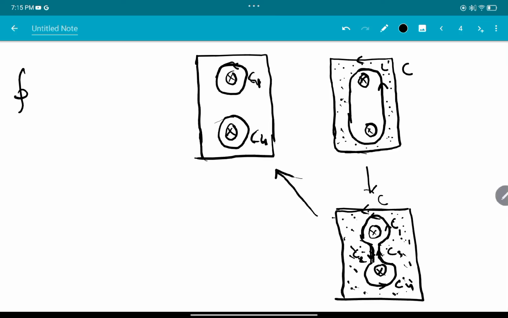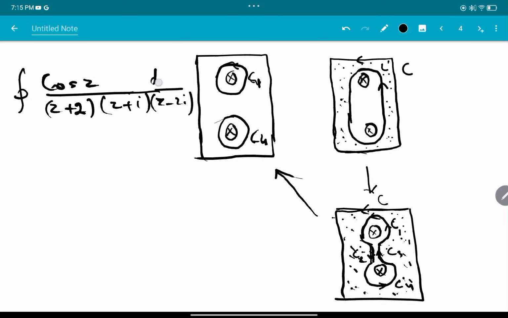Our example is, say, we have cos z divided by (z plus 2) into (z plus i) into (z minus 2i) dz.